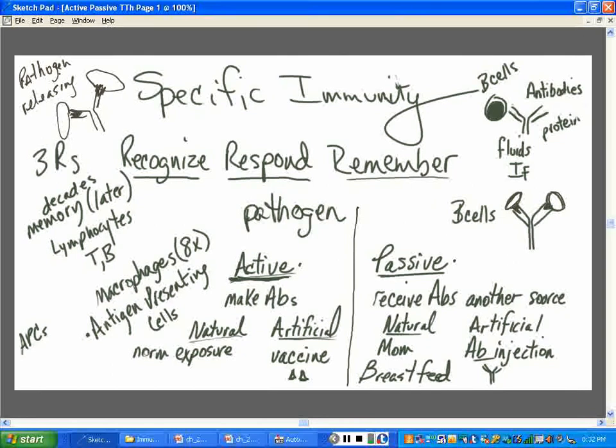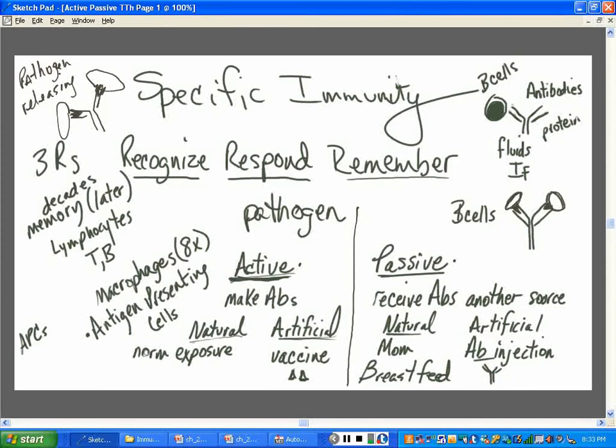It doesn't last very long, just a few months, because once you're outside of mom, her antibodies aren't coming through you that way anymore. Then you're outside of mom and you get hungry and you've got to eat. The natural way to feed a baby is for the baby to breastfeed.